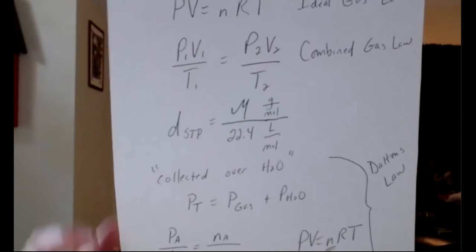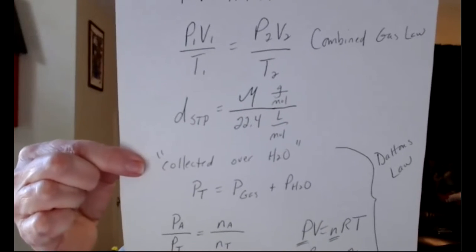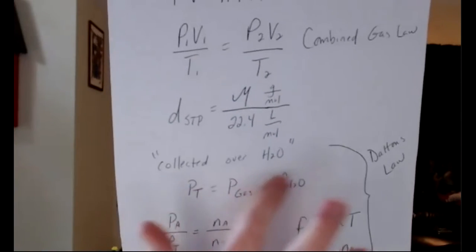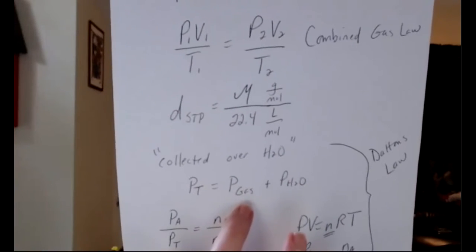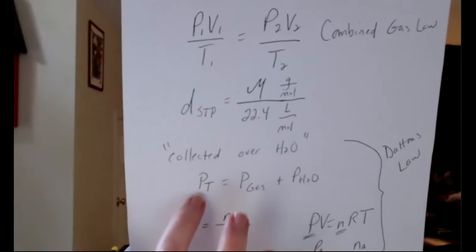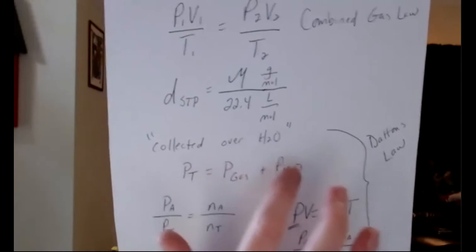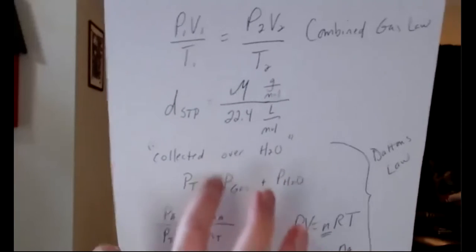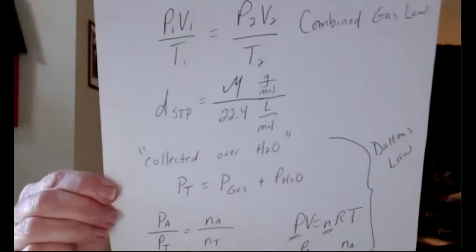If a word problem says collected over water, the first thing you do is correct the pressure for the gas that's been collected. You take the barometric pressure minus the water vapor pressure to get this, and then you may have to convert it to atm.